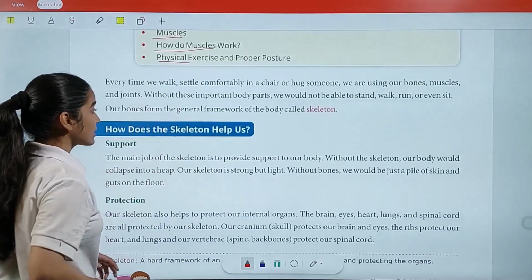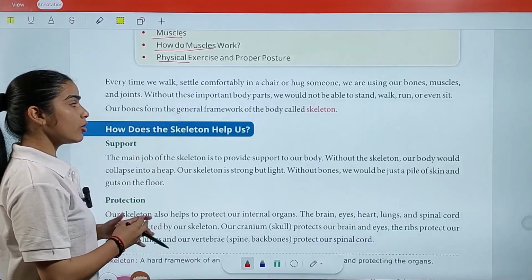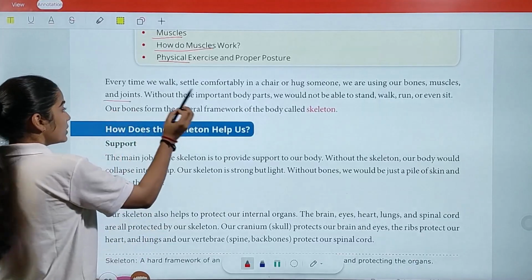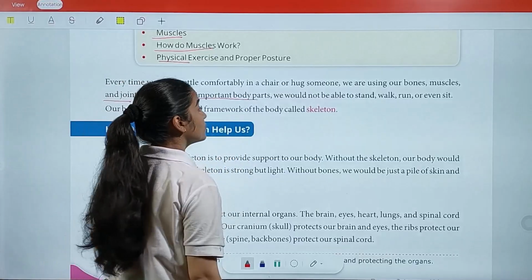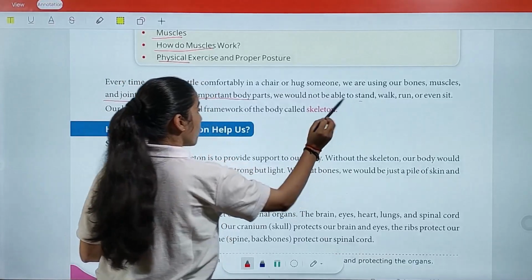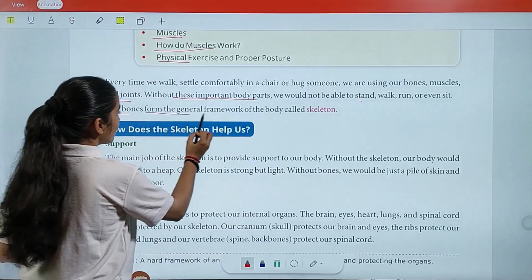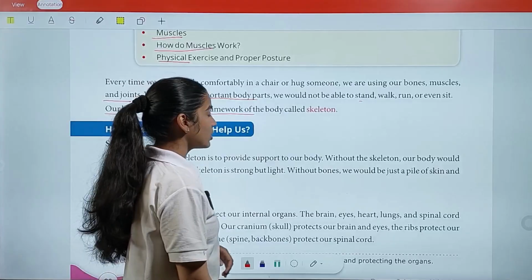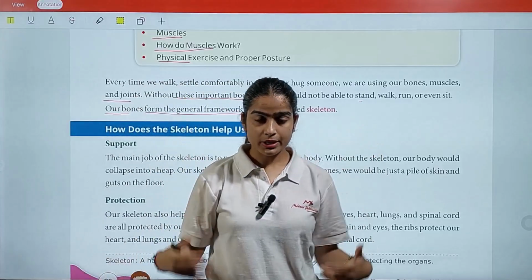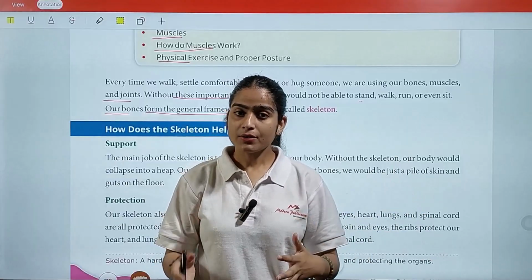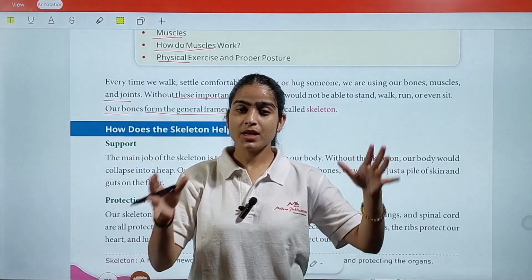Every time we walk, settle comfortably in a chair or hug someone, we are using our bones, muscles and joints. Without these important body parts, we would not be able to stand, walk or even sit. Our bones form the general framework of the body called the skeleton. So this is our body. Right now, first of all it's a skeleton. After the skeleton, on this body, we have muscles.